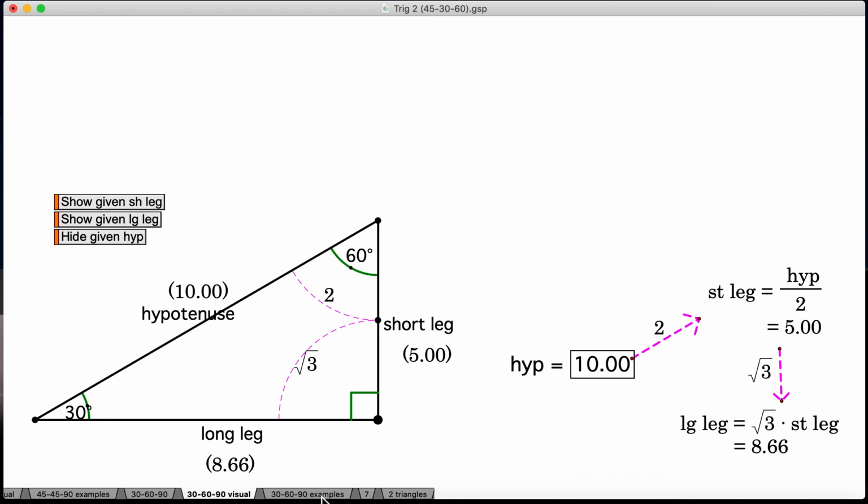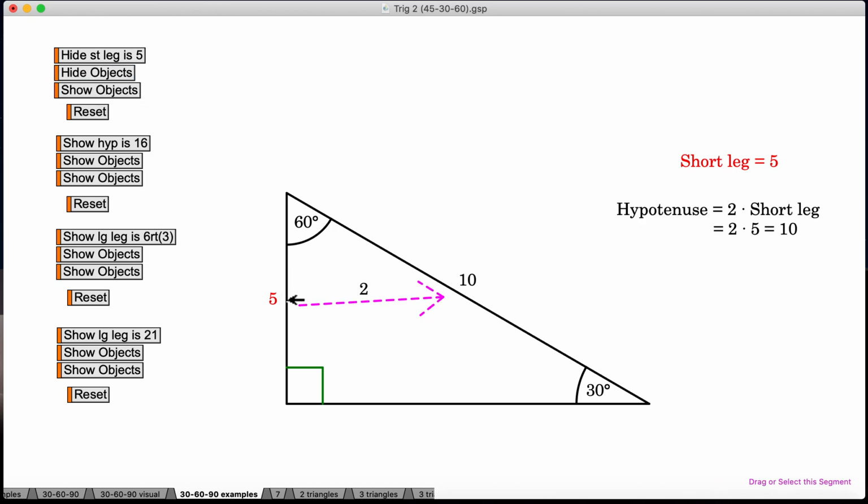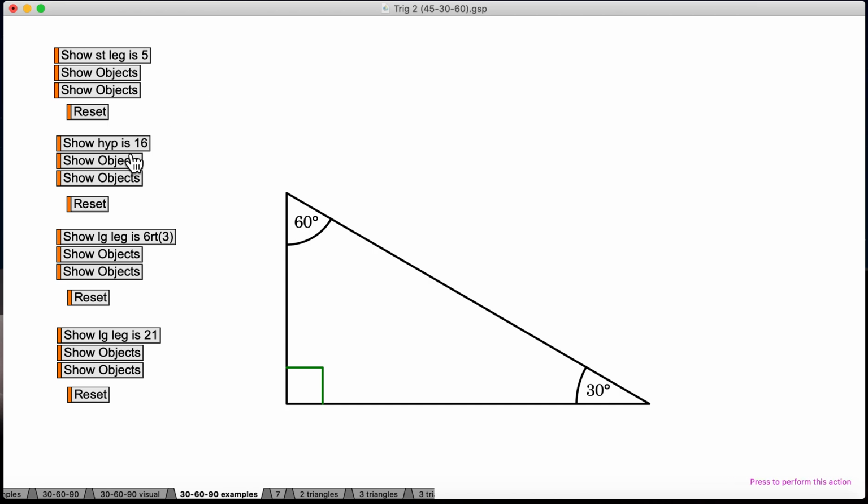Okay, so let's go ahead and just do some examples with this again. So here's the problem, the short leg is 5. To get to the hypotenuse, I would multiply it by 2. So it's 10. To get to the long leg, I multiply it by root 3, and it is 5 root 3. So you must understand those relationships, okay?